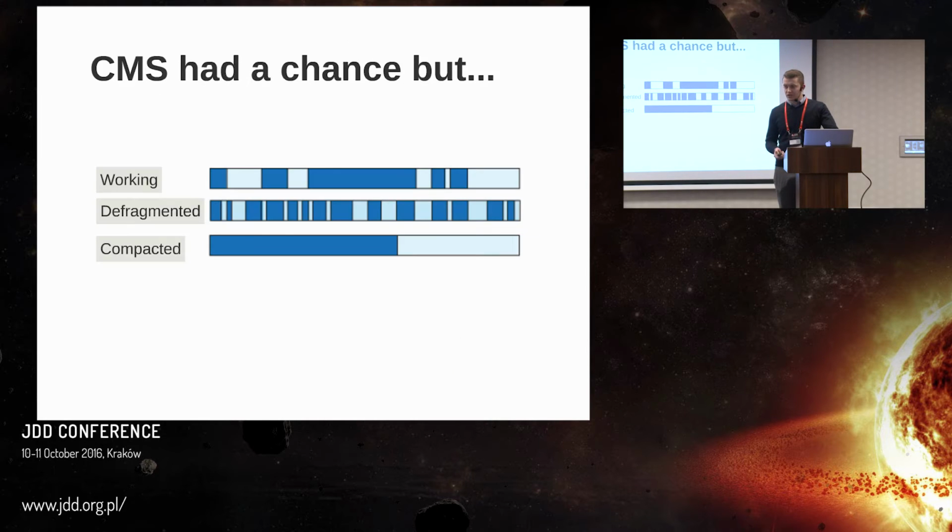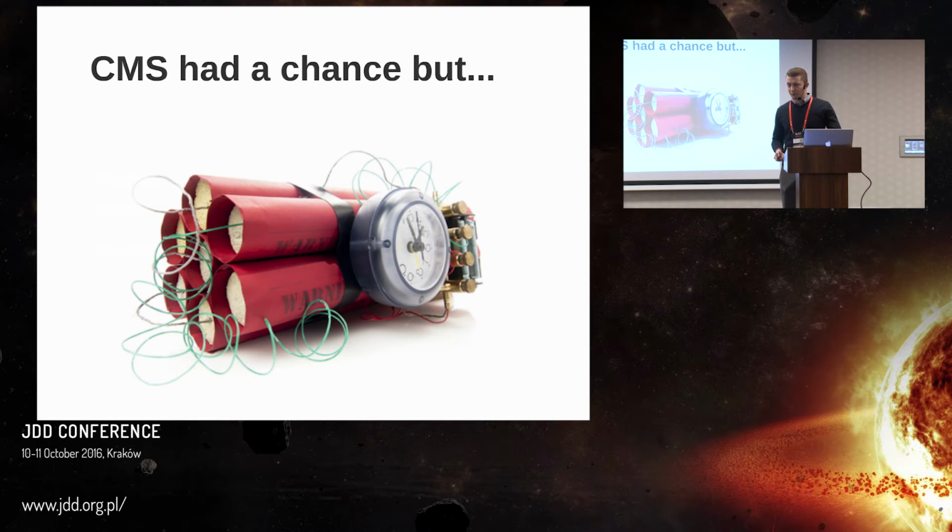Actually, CMS had a chance to be a good algorithm that can handle big heap because it's working concurrently with application threads. So it's doing work in the background. But because it works in a way that is causing the fragmentation of old generation, instead of a good algorithm for big heap, we got something like a ticking bomb.